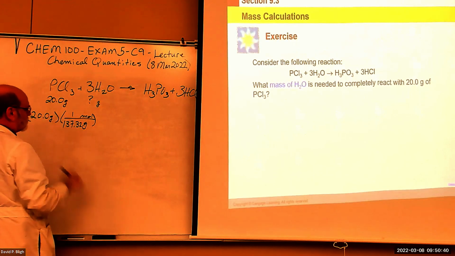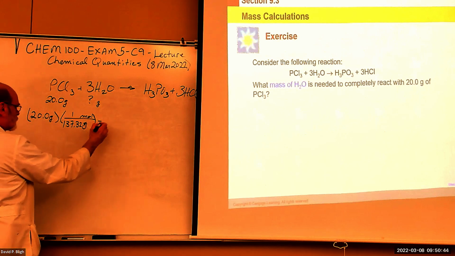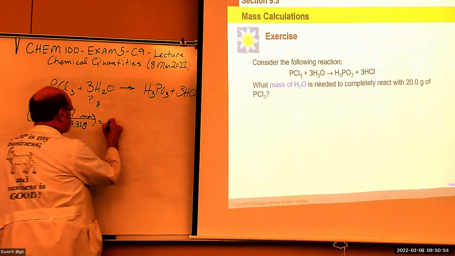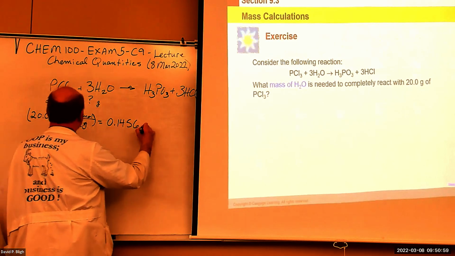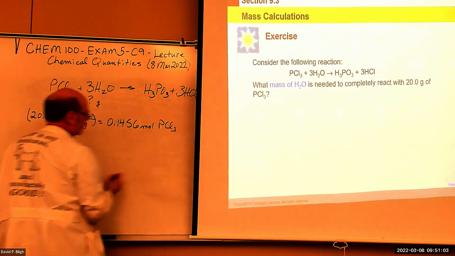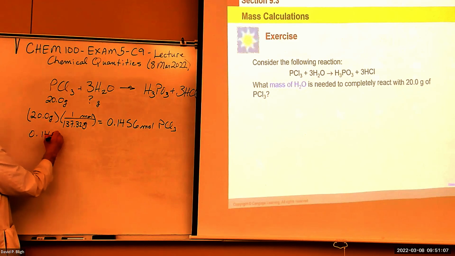Check me on that to be sure. That gets rid of grams and leaves us with moles. So divide that number into 20. And I get 0.1456 moles of PCl3.